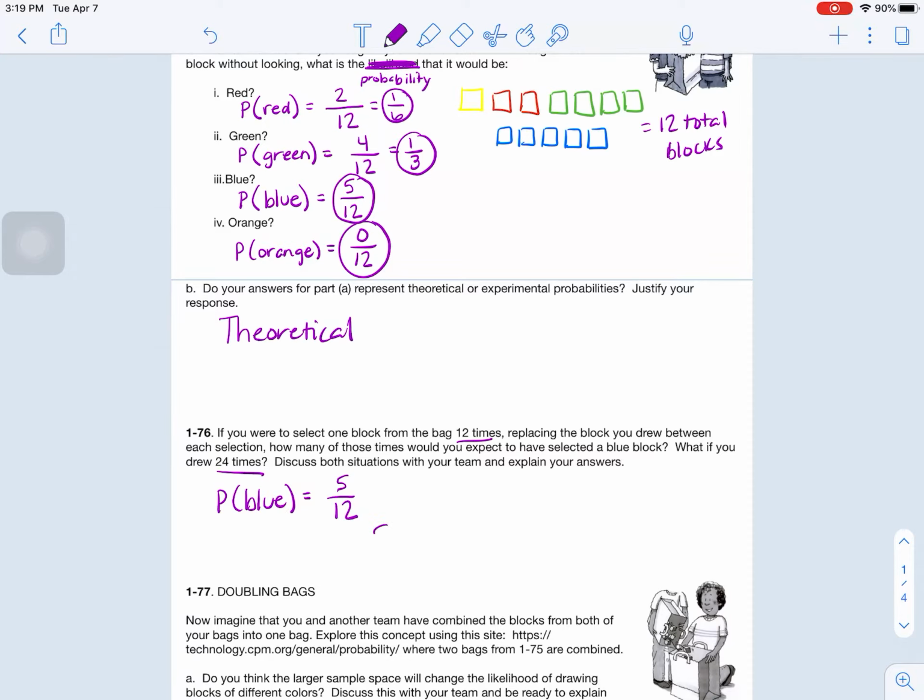All right, if I'm trying to figure that out 24, well, I'm just going to do equivalent fractions here. Now my denominator is out of 24, and so I'm just going to go ahead and double my numerator, and I'm going to get 10. So my fraction for 24 draws would be 10/24, okay? I would think I would pull a blue block 10 out of the 24 times. All right, so that's the difference between those two.